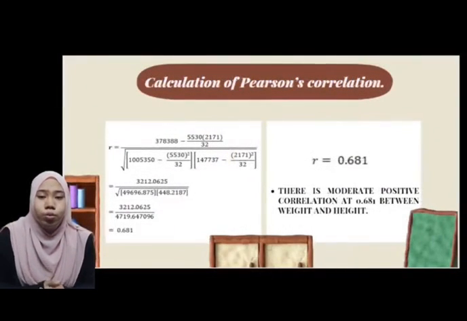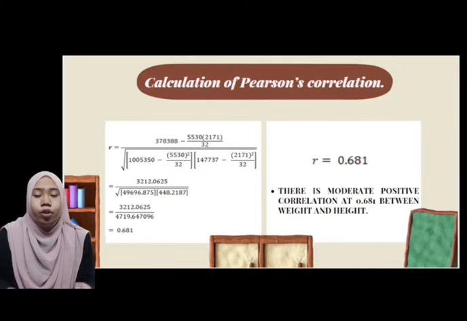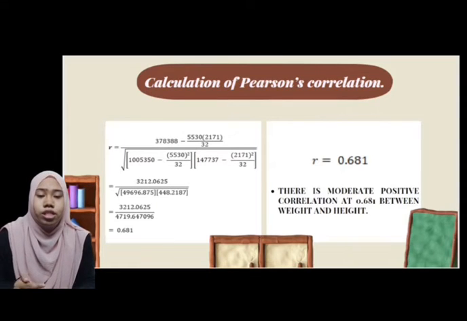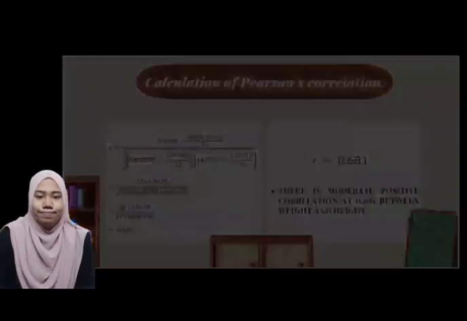So for the answer, we got r equal to 0.681, and the correlation is explained as a moderate positive correlation at 0.681 between weight and height.